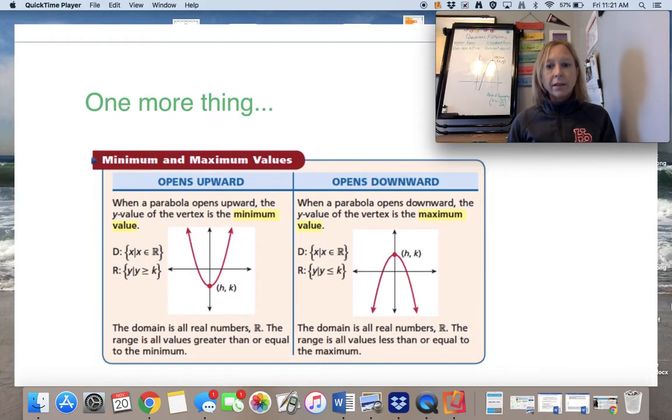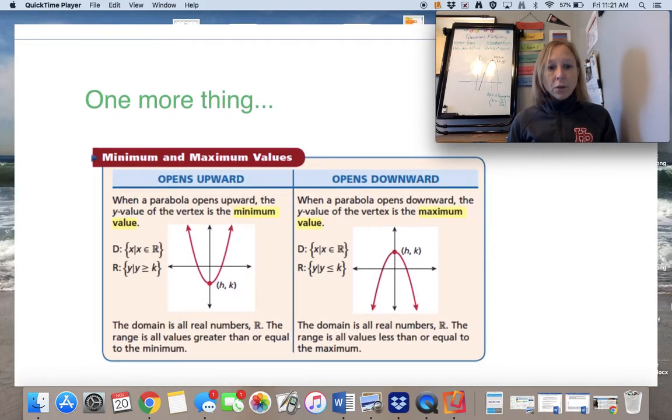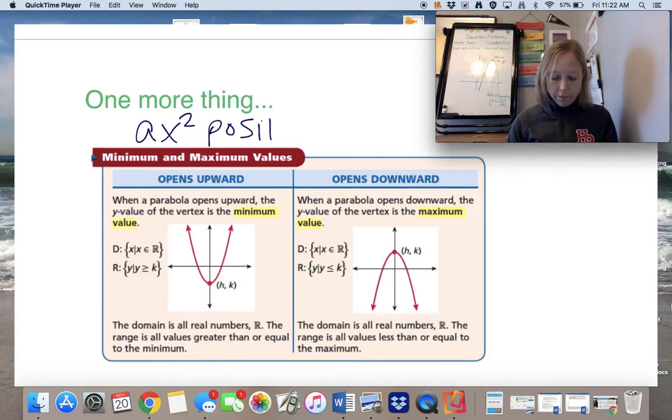Oh, one more thing. We also want to be able to identify if our parabola is opening upward or downward. The way that we find that is we look at our x squared term, okay? And if the x squared term is positive, so the a, then it opens upward. If the a in the ax squared term is negative, it opens downward.